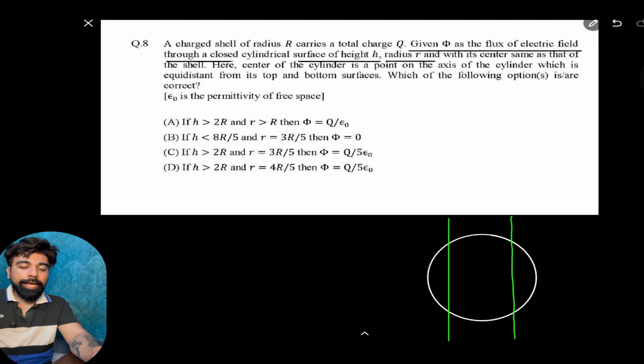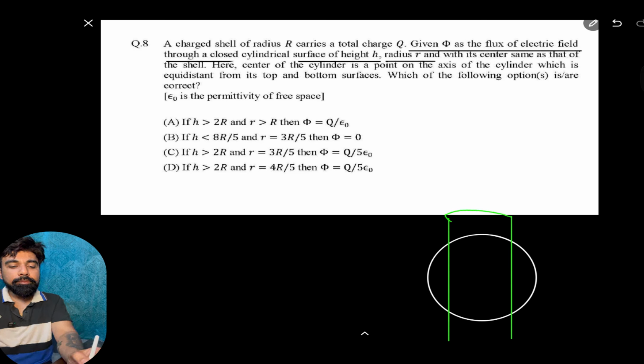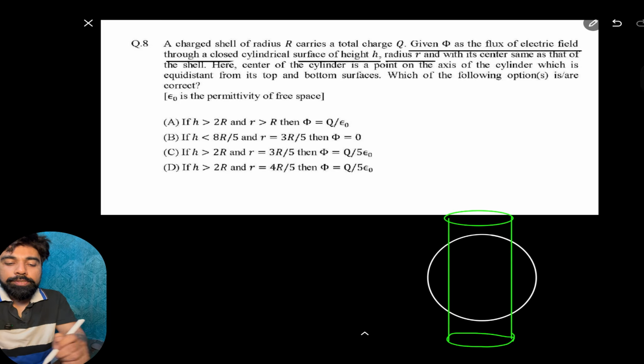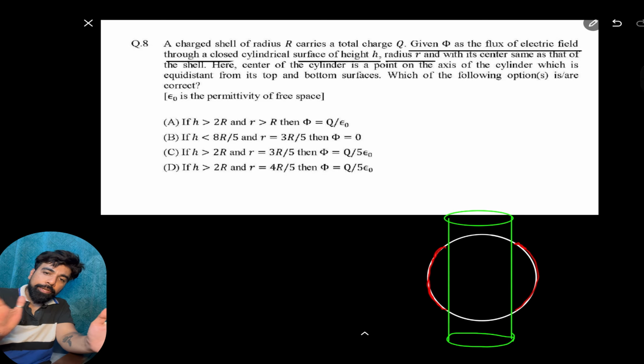Is it understood? H is more than 2r, but the radius of this cylinder is equal to 3r by 5. So what you have to find out is the flux through this sphere. Now see, I'll divide this sphere into two segments: the two reds, one on the east side, another on the west side.